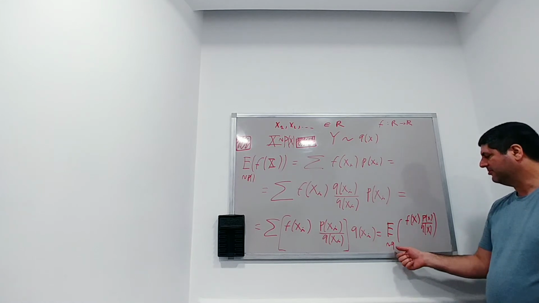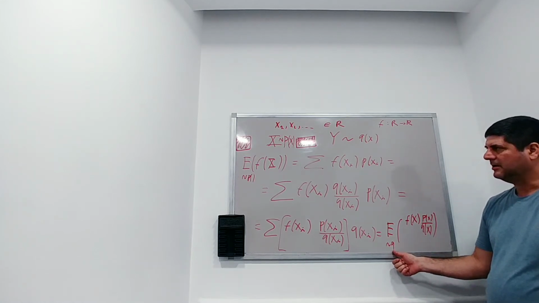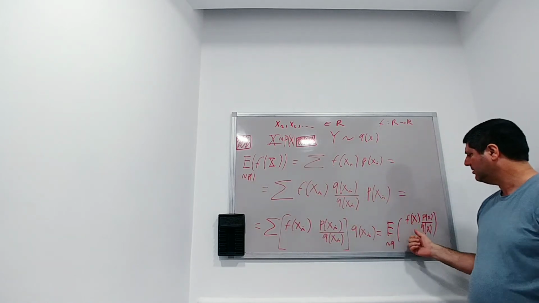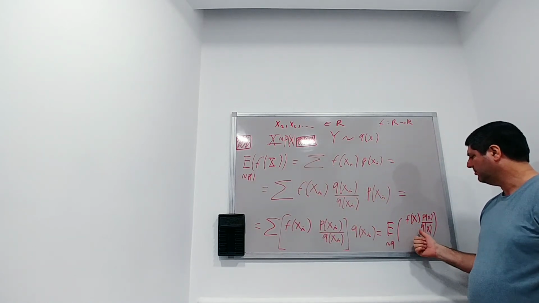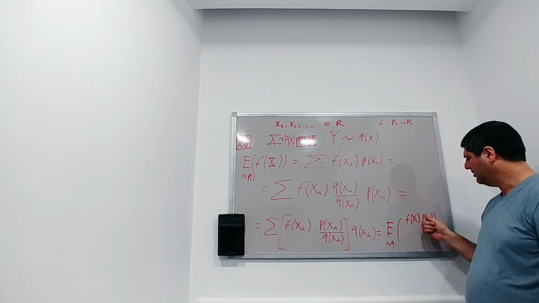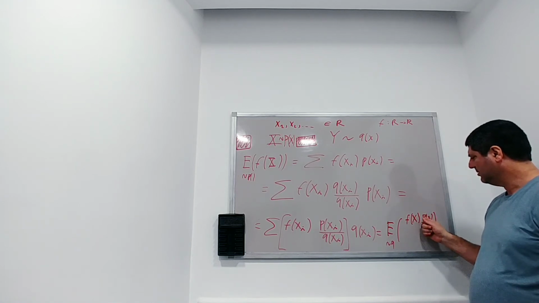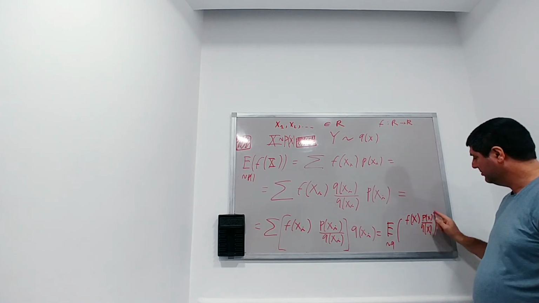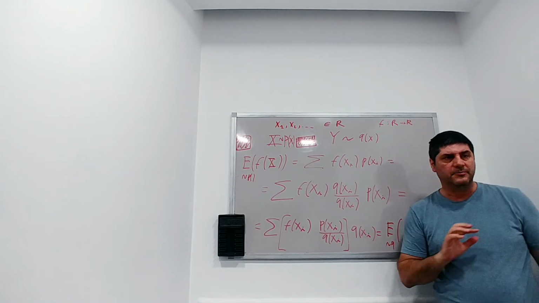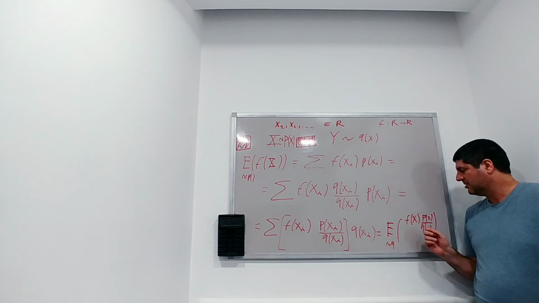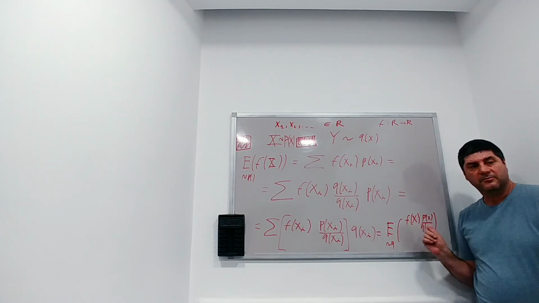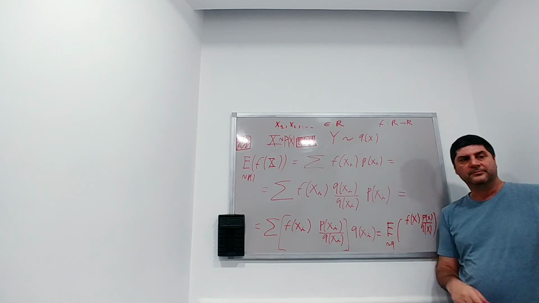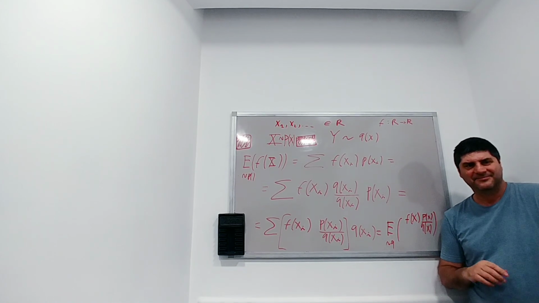I'm sampling using Q and getting an estimate for P. And I need to know these quantities. So basically I need to know P over Q, and that will be the trick. The next time I'll explain how I know it in the reinforcement learning case without knowing P and without knowing Q. Okay? That's it.